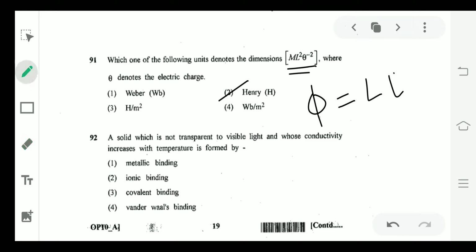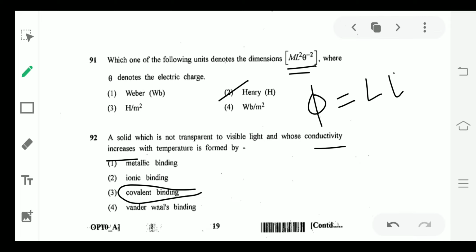So the next question is: a solid which is non-transparent to visible light and whose conductivity increases with temperature is formed by? I have told you that when conductivity increases on increasing temperature, it is in the case of semiconductors only. And in semiconductors, covalent bonds are formed.